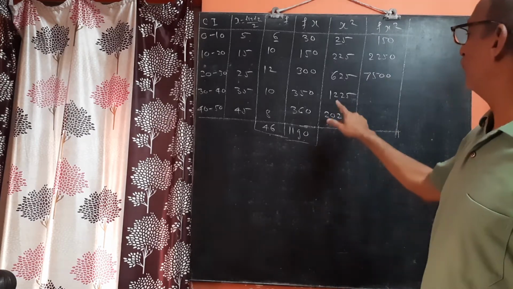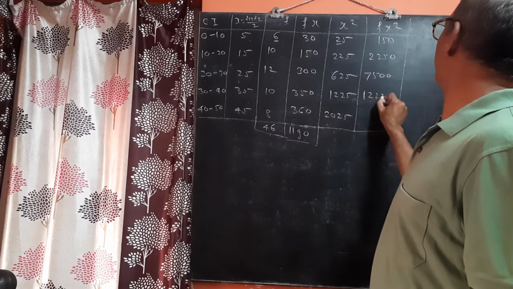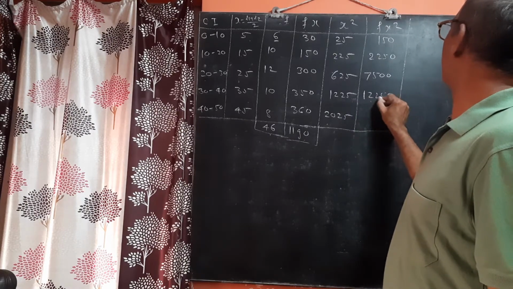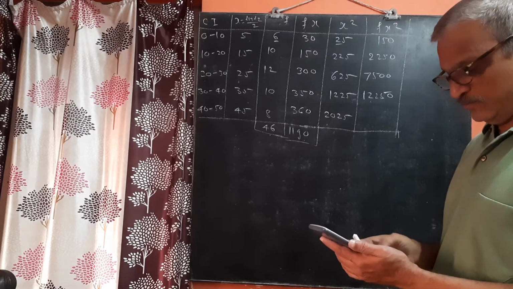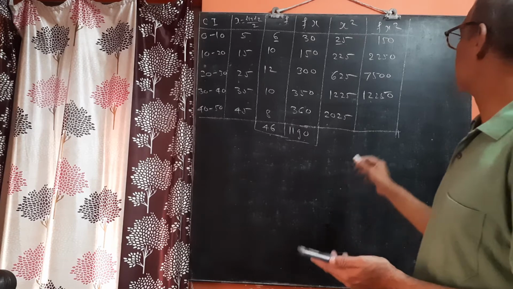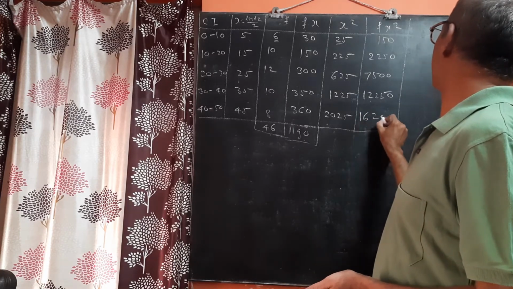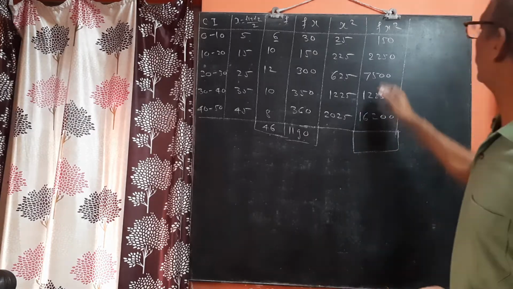Then 1225 into 10, so it will be 12250. And 2025 into 8, it is equal to 16,200.